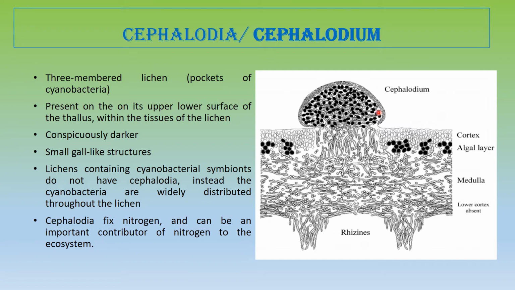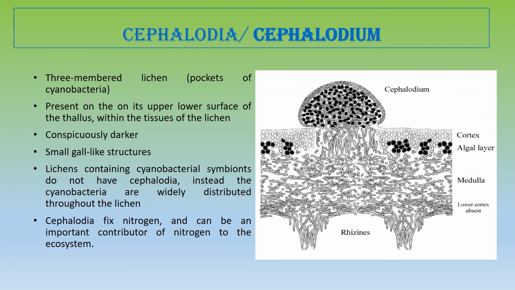Cephalodia are present where the hair-like structures are present, or sometimes they can also be present in the medullary region, where they grow, form a lump, and push their way. So cephalodia can grow on the upper surface as well as in the medullary region, and they contain cyanobacteria and fungal filaments, but never green algae.